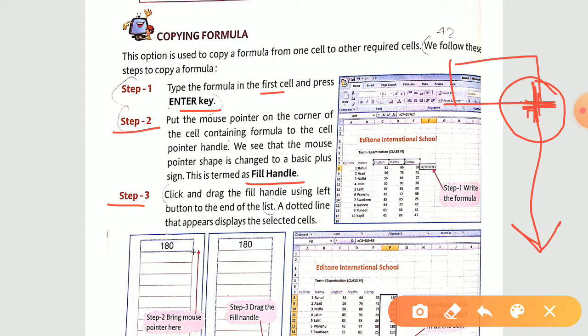Okay, a dotted line appears displaying the selected cells. When you are scrolling downwards you will be able to see these dotted lines. Okay, so they denote in how many cells you want to apply the formula. So in total we have these 3 simple steps for copying your formula.